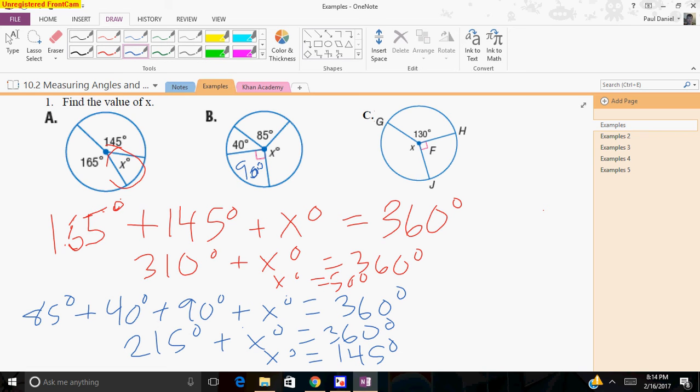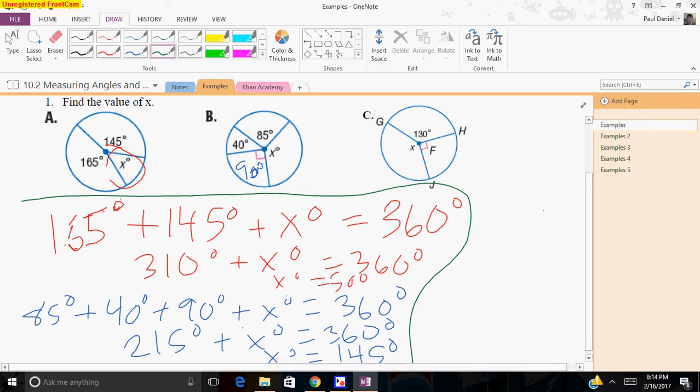And then lastly, but certainly not leastly, we have our third example. Okay, this circle F again has a 90-degree angle over here. So I have 90 degrees plus 135 degrees plus x degrees. That needs to all equal 360. Kind of ran out of space there.